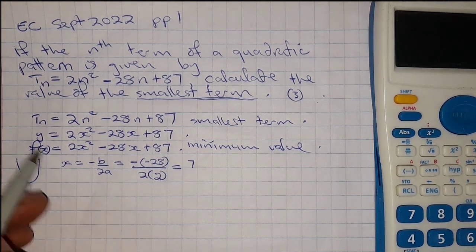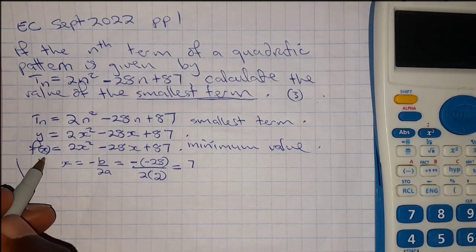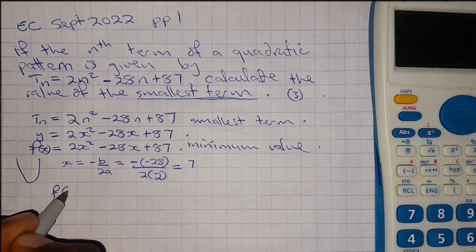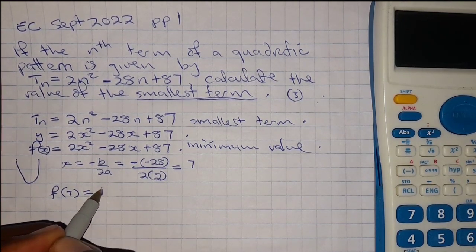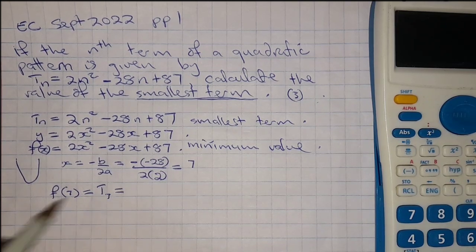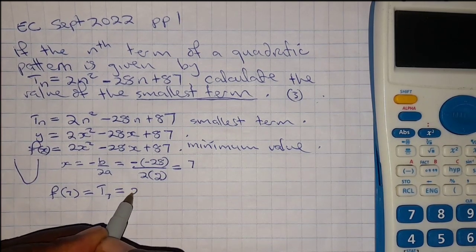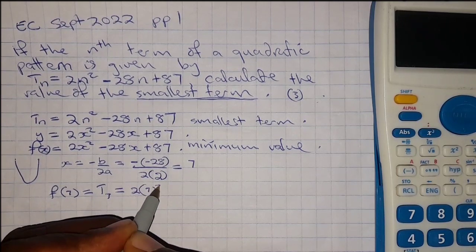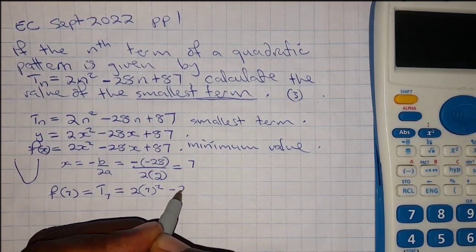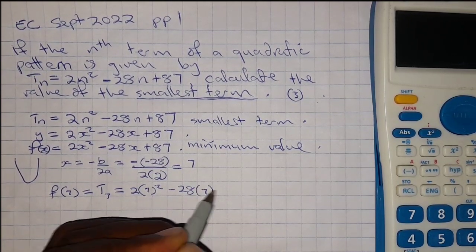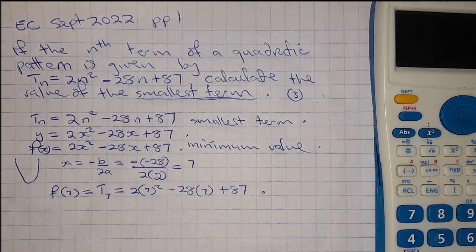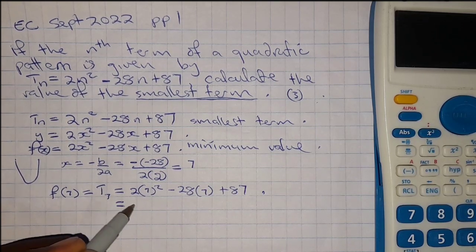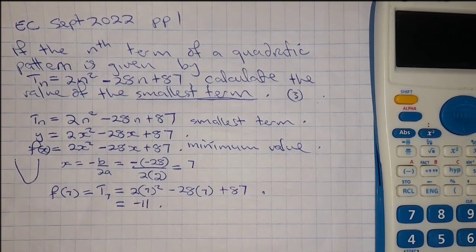So to get that smallest term, f of 7 or T7, that's going to be equal to 2 multiplied by 7 squared minus 28 by 7 plus 87, right? And this is going to give you negative 11.